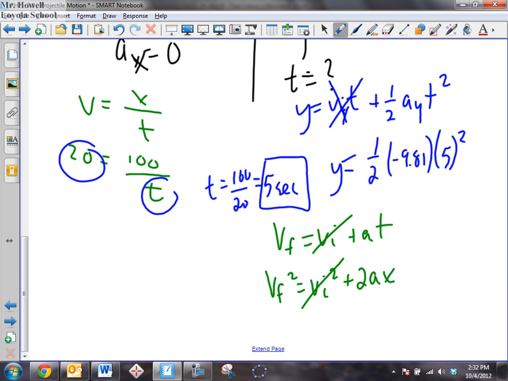In the y direction, the acceleration is negative 9.81. If I want to use the x equation, what do I have to make x instead, since we're in the y direction? Y. And the y value is whatever you got from this answer right here. You can plug that in to get your vf squared, then take the square root. Or you can just plug in the time of 5 seconds, do 5 times negative 9.81 to get the final velocity.